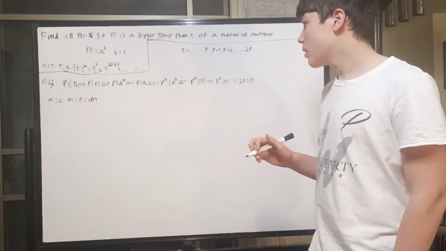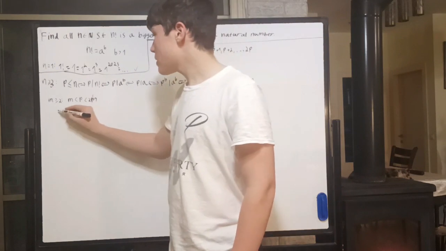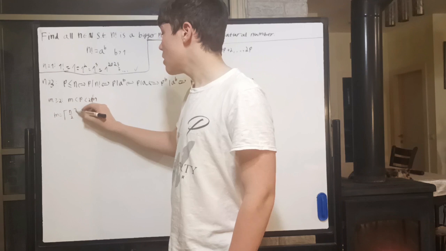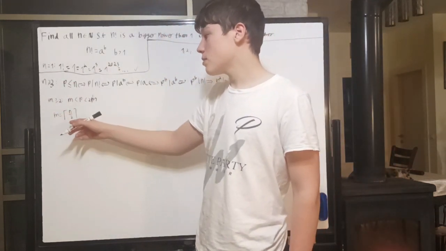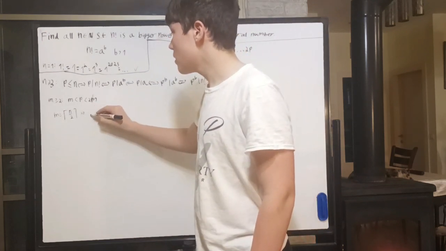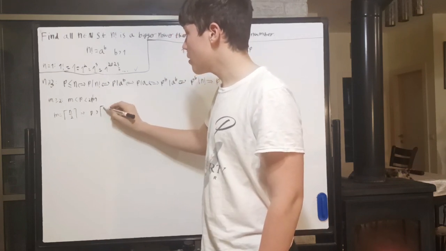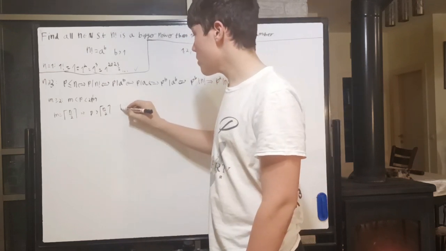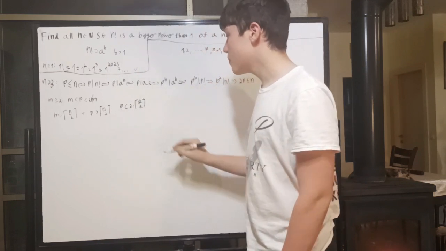Now let's take m as the ceiling of n over 2. If n is bigger than or equal to 3, then indeed the ceiling of n over 2 is bigger than or equal to 2. From this we get that there is some prime number p that is bigger than the ceiling of n over 2, yet smaller than 2 times the ceiling of n over 2.